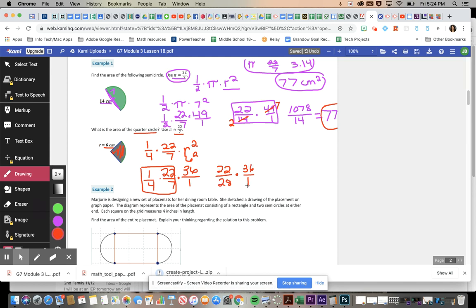I know 22 and 1 I cannot reduce, but 28 and 36, what could go into both 28 and 36? All right, so 28, I have 1 and 28. I know 2 times 14 is 28, and not 3, 4 times 7. And I think that would be it for 28, 36, 1, 36.